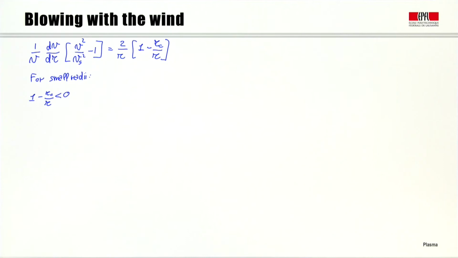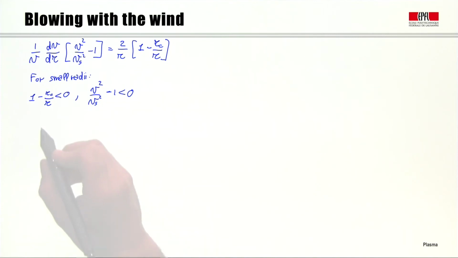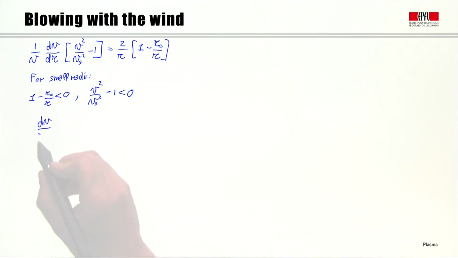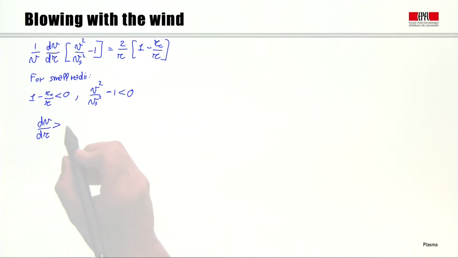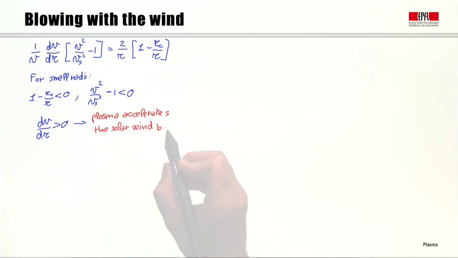And at the same time, if we suppose that the starting velocity of the solar wind is small compared to the sound speed, we can also write that, therefore, this term and this term in these equations are both negative, which results in a dV over dr which is positive. This means that the plasma that starts at a certain velocity accelerates, and therefore a wind blows.